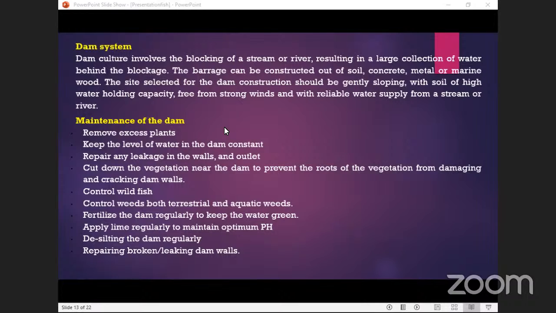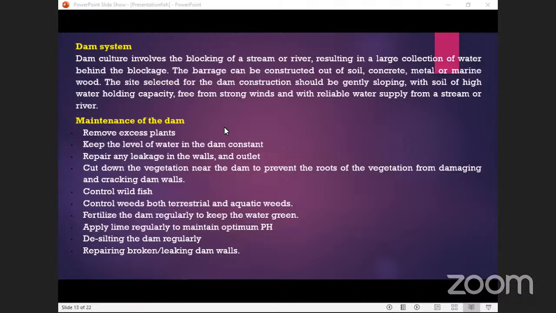And the water should be reliable. This stream should be continuous. Don't wait when it rains and say, yeah, now let me get this water, I block it. It does not work that way. It has to be a permanent source of water flowing.